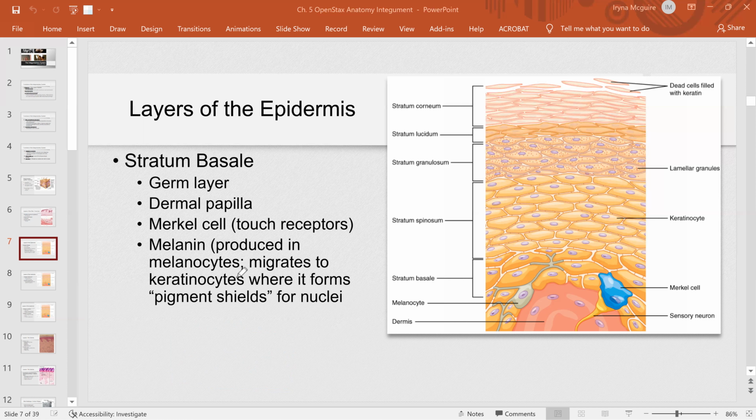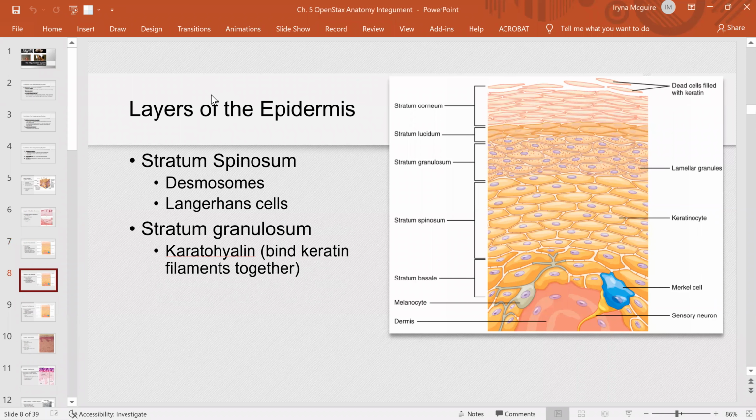So pigment shields the nuclei. Again, melanin is produced by melanocytes, but then it migrates into keratinocytes and protects them from harmful radiation. You've heard about it, UV rays.